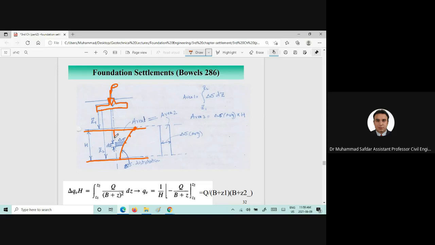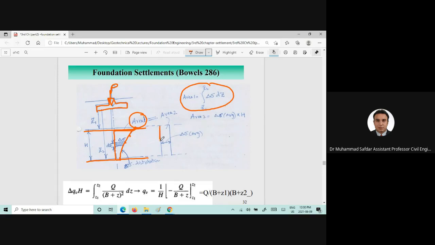So this will give us an area which is known as area 1, and you can simply integrate the area from Z1 to Z2 delta sigma dz.